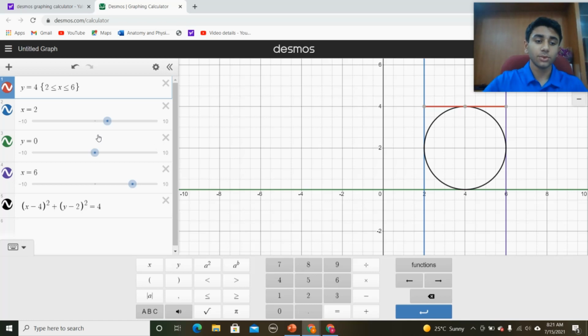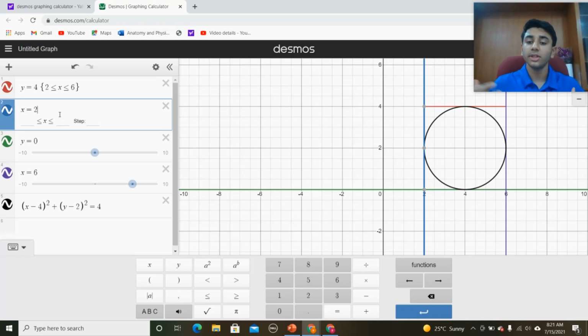Now, when it comes to x equals 2, since this is an x equals value and it has to do with a vertical line, we know that we cannot put a constraint with an x on the x-axis. It's going to eliminate the whole line. So instead, we're going to put this in terms of our y coordinate. Any other part of the graph you can put in terms of your x.